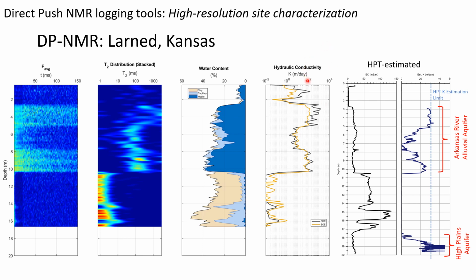And it also can measure the very high hydraulic conductivity values to differentiate between different types of materials. And this is something that HPT estimated hydraulic conductivity measurement could not do.